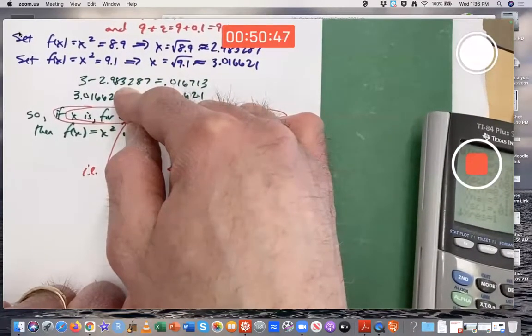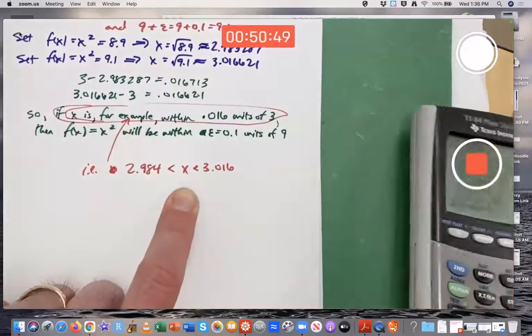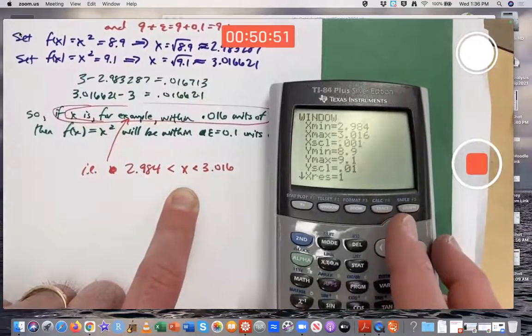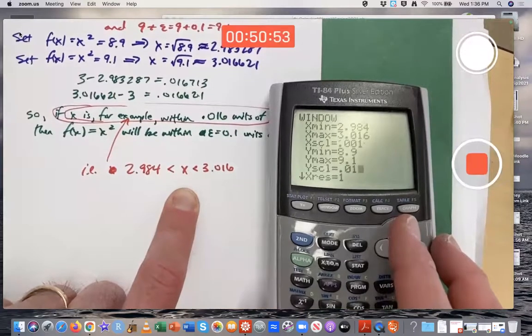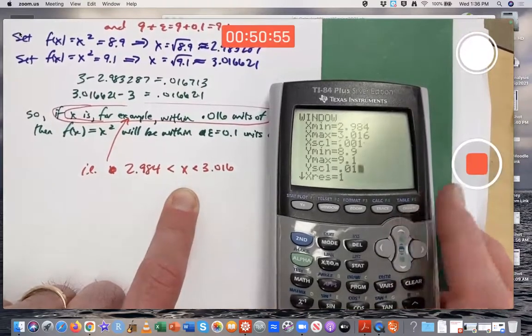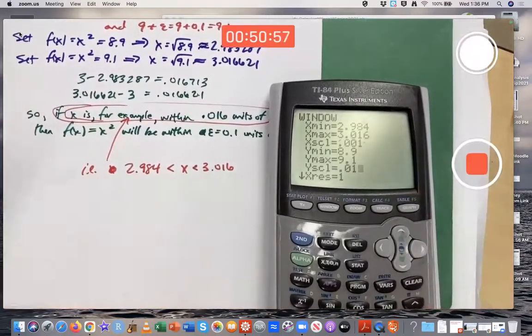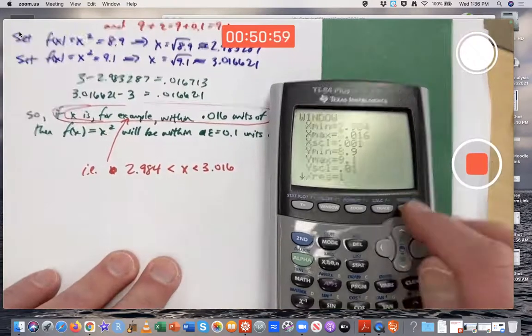So what does all this mean? It means if I graph this now, I should see the entire graph in this window. It should exit the window through the left and right sides, not the top or the bottom, just barely.